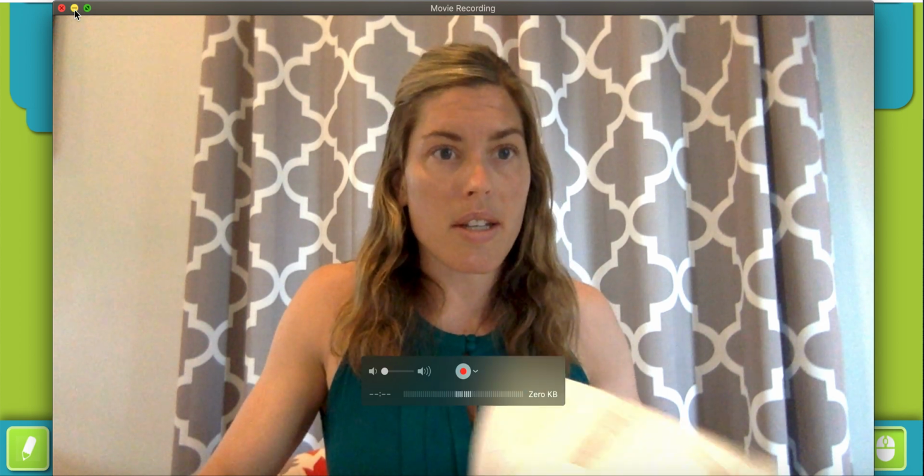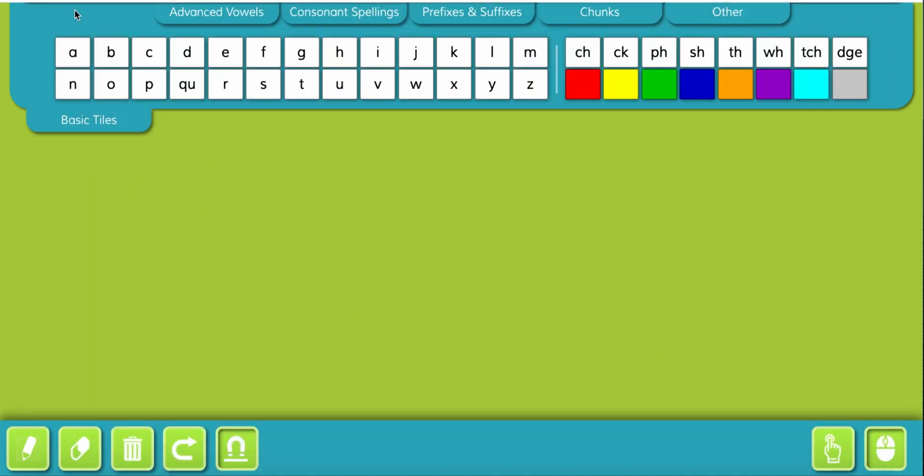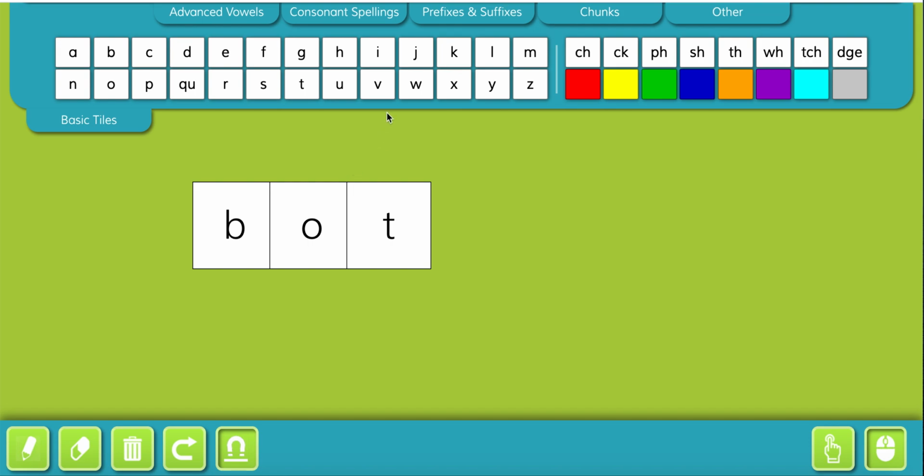So let's get started on the different O sounds. My first word that I'm going to build is this. Here it is. That's not the word that I want. Trash can. All right, here's the word, both.